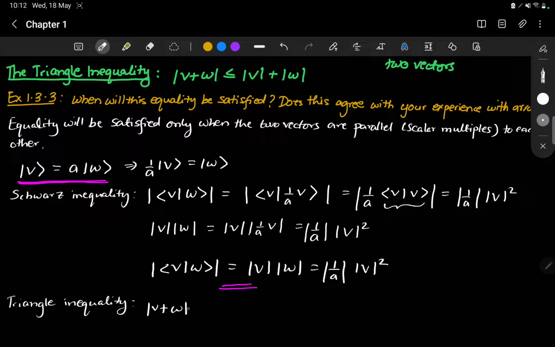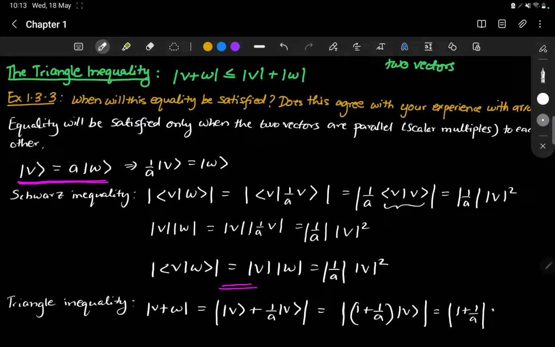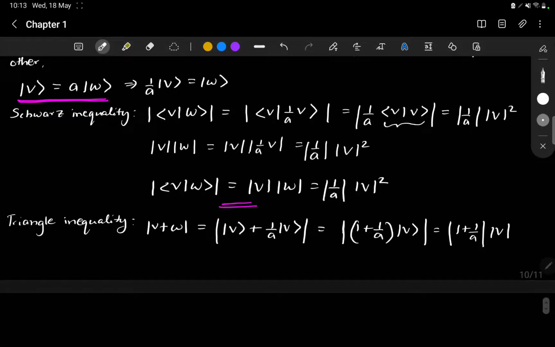So we need to find out this magnitude. This is nothing but 1 plus 1 by A times magnitude of V. This is the left hand side.